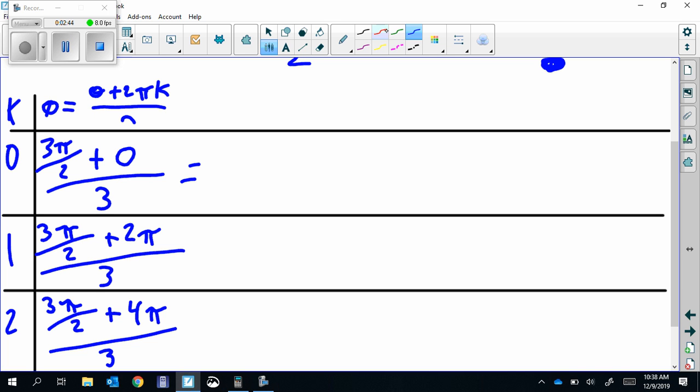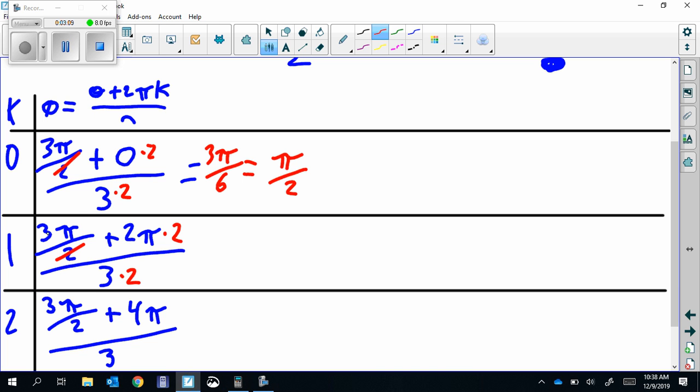Simplify these. When I simplify, I clear out the fraction. So this denominator of 2, I'm going to multiply by 2, cancel, multiply by 2, multiply by 2. So that's 3 pi plus 0 over 6, which is pi over 2. Multiply by 2, multiply by 2, multiply by 2.